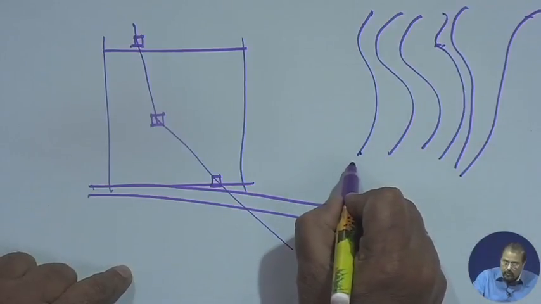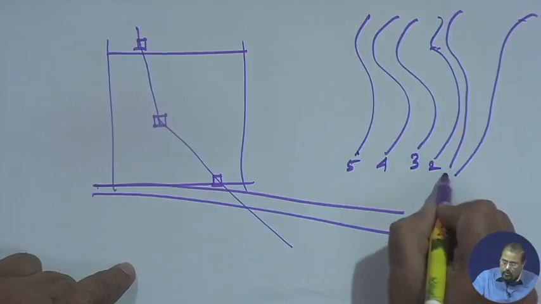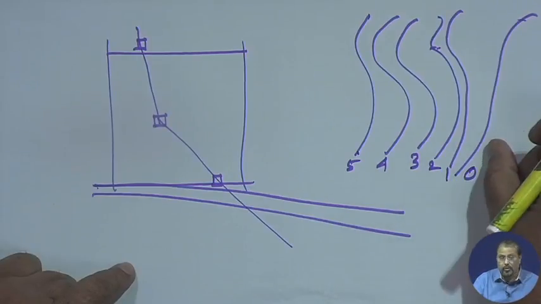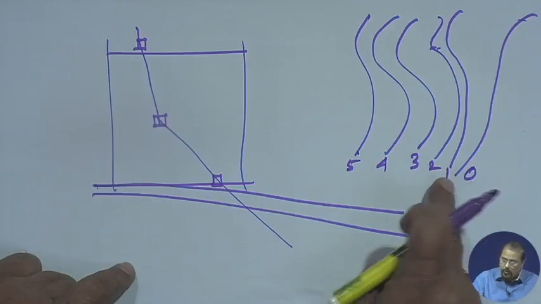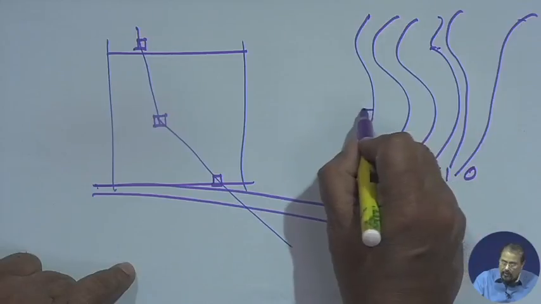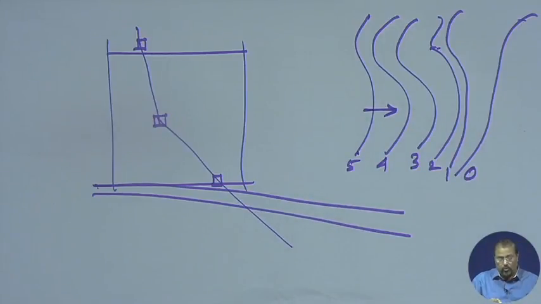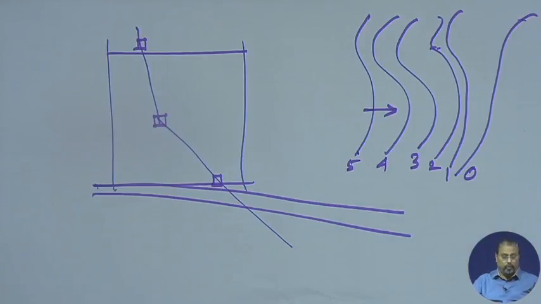Suppose this is level 5, 4, 3, 2, 1 and 0, where 0 is the lowest level, then higher: 1 meter, 2 meters above 0. So 1 meter, the next 1 meter, next 1 meter, and so on. It will give me a very clear idea that this is sloping in this direction. The contour analysis has some reasons for doing it. This is a contour drawing, but why you should do it, I will come to when I discuss each of them.